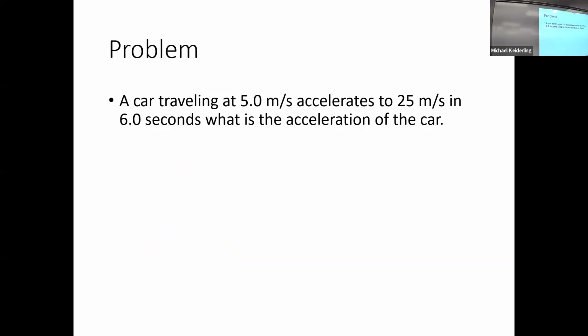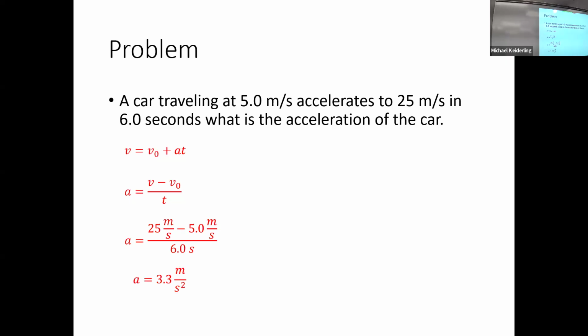For this, velocity equals initial velocity plus acceleration times time. Acceleration is velocity minus initial velocity over time. So acceleration is 25 meters per second minus 5 meters per second over 6 seconds, or 3.3 meters per second squared.